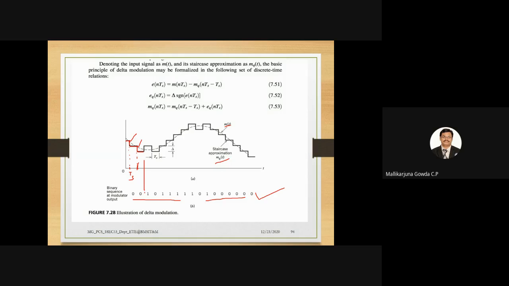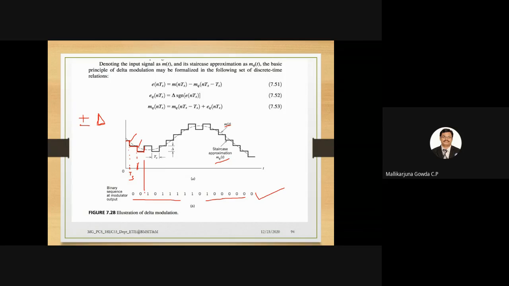This is at Ts, this is at 2Ts, this is at 3Ts. At 3Ts, my approximated signal is less than the analog input signal, so now it will be incremented by delta. Here either I increment by delta or decrement by delta. Only two values will be there, plus delta or minus delta, where delta is the step size.